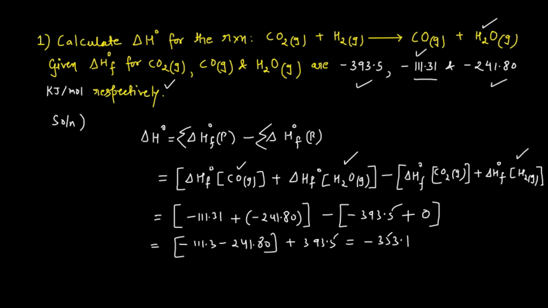Yes, 353.1 plus your 393.5, and finally you will have your answer. That would be your 40.4 kilojoule. This is for the reaction. Okay, this is for the entire reaction. So you cannot write the per mole here.